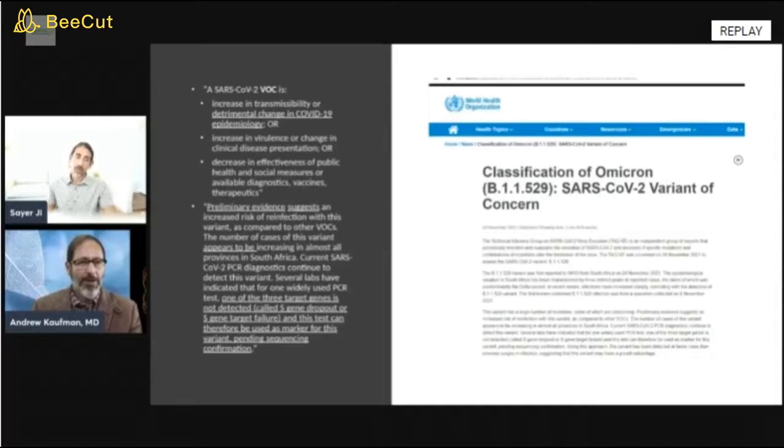Wow. So they essentially didn't have to create a new test. They just found a way to convert negative results to positive results and then say that it's this new thing. And because they're increasing the cases, by definition, they have to increase the cases because these would have been called negative before.